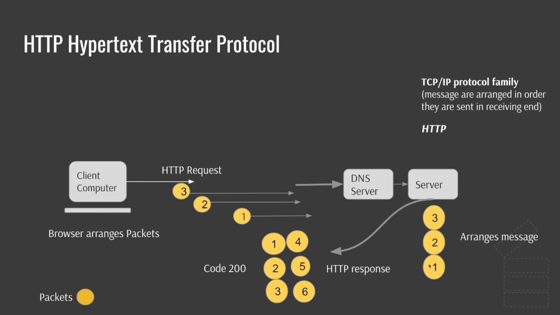And if it wants to respond positively, it would, for example, respond with a status code, for example 200, and a number of packets, and these packets are rearranged in the browser, and that's how we see a web page.